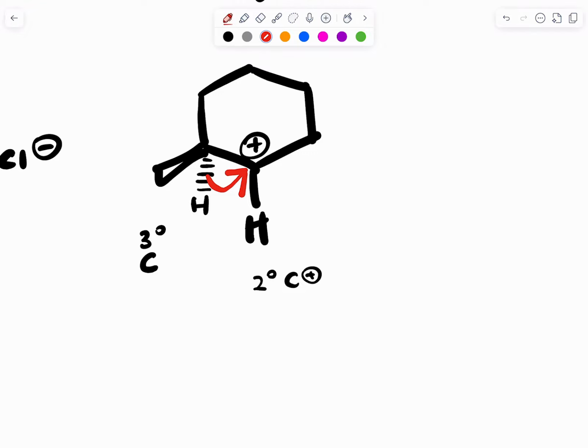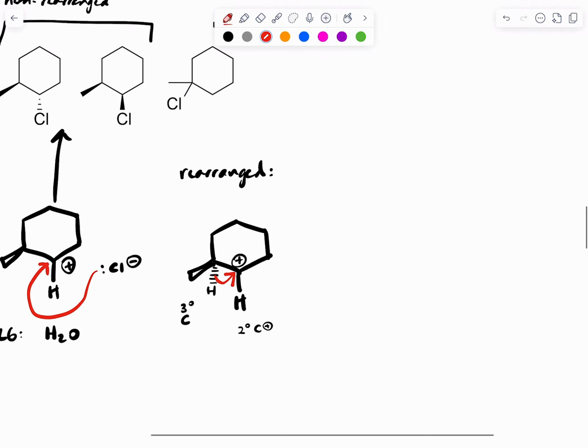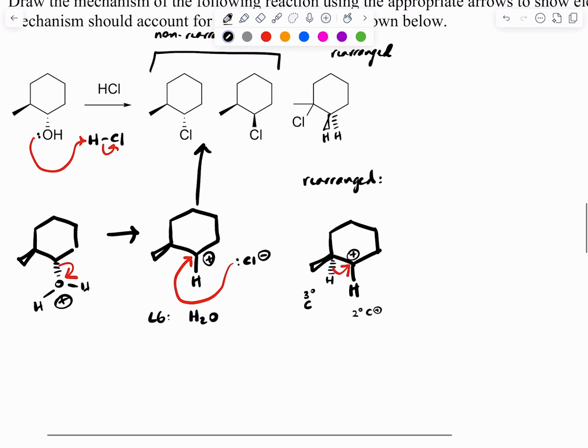Yes? Right. How do you know whether it's that hydrogen or the methyl group? Two reasons. First, in the product, there are two hydrogens here, whereas there was only one before in the non-rearranged products and in the starting materials. So that's an indicator that the hydrogen moved.